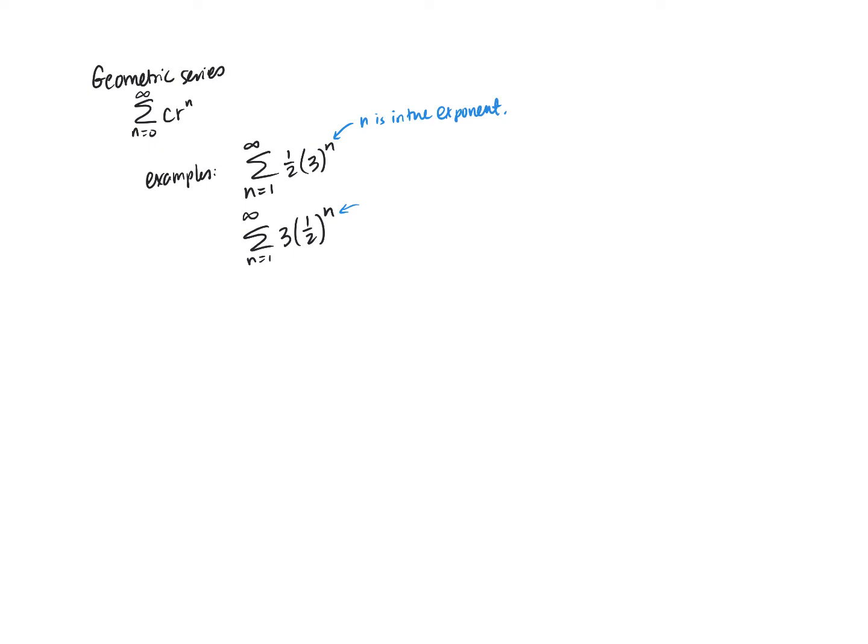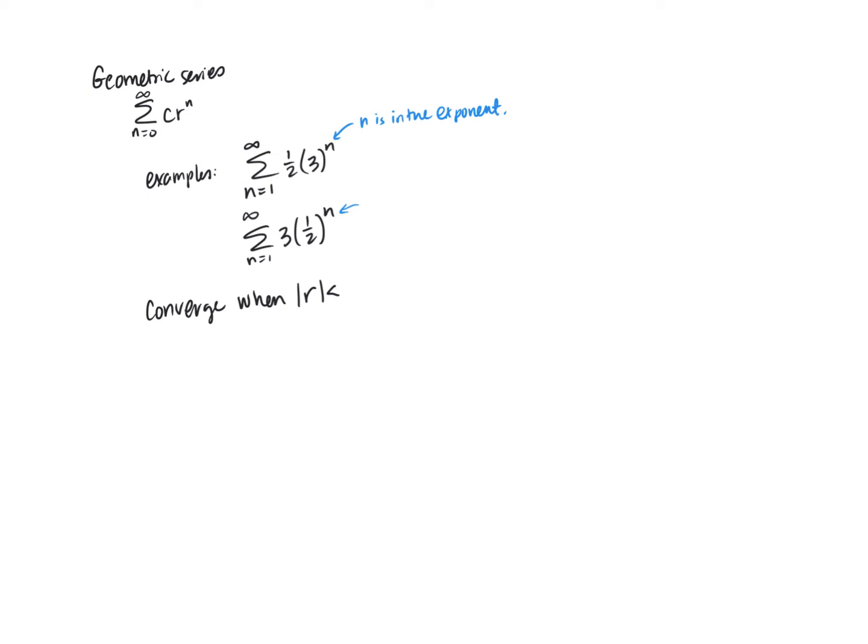Okay, and there's a really nice proof in the book that uses telescoping series to show that we can find a sum for these geometric series under certain conditions. So we know that these converge when r, the number that's the base of the exponent, has absolute value of r less than 1. So it's going to converge when the absolute value of r is less than 1.